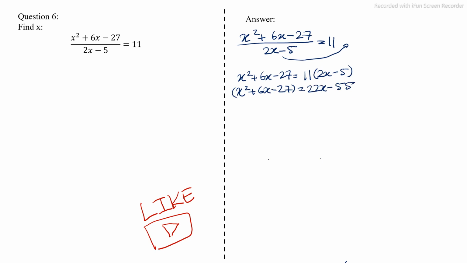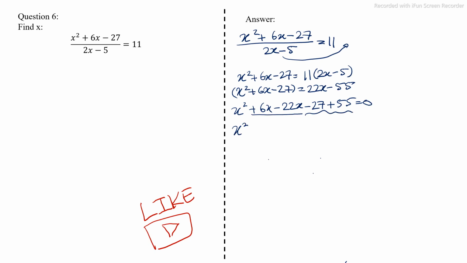Okay, we have two expressions in a line, no fractions at all, and you know what to do now. So x squared plus 6x minus 22x minus 27 plus 55 equals 0. Therefore x squared, whatever this simplifies to and whatever this simplifies to.